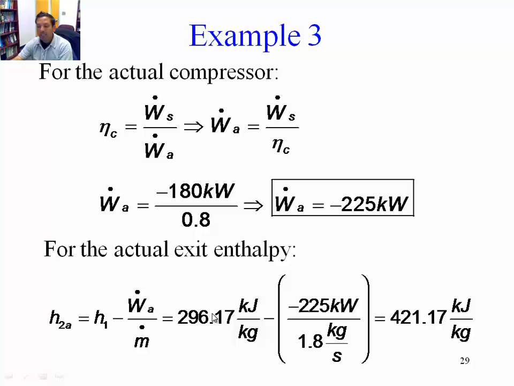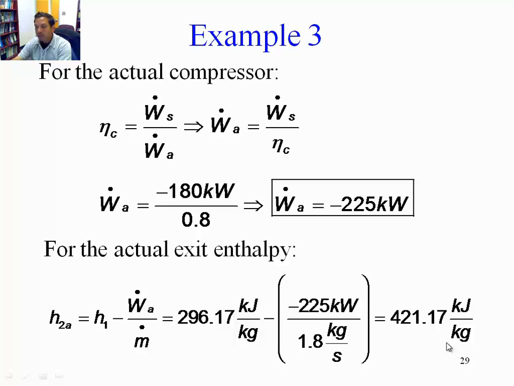The actual H at the outlet is given by the H at the inlet, 296.17, plus the actual specific work, 225 divided by 1.8. That yields an actual enthalpy at the outlet of 421.17 kilojoules per kilogram.